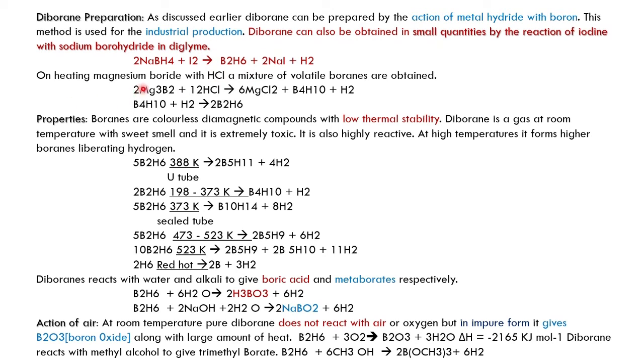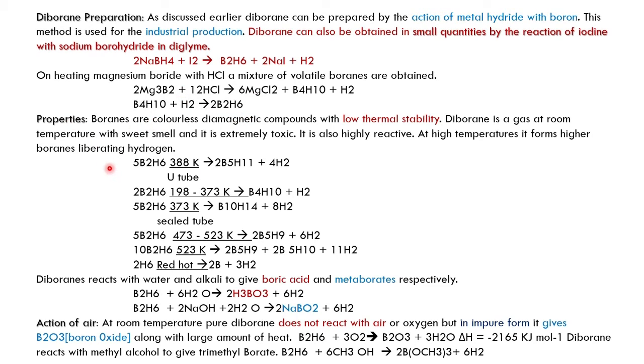On heating with magnesium boride, we get magnesium chloride separated out, then B2O6, and from this B4H10; on further reducing with hydrogen we get B2H6, diborane.